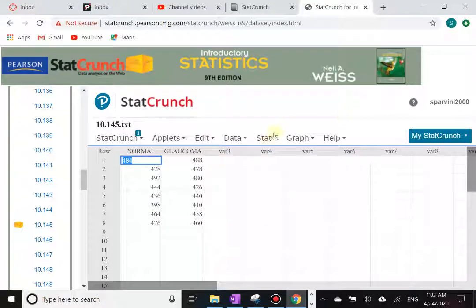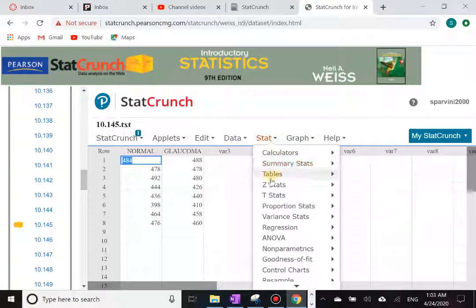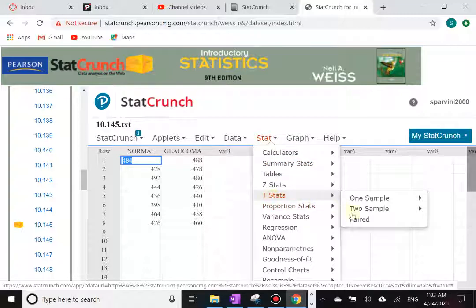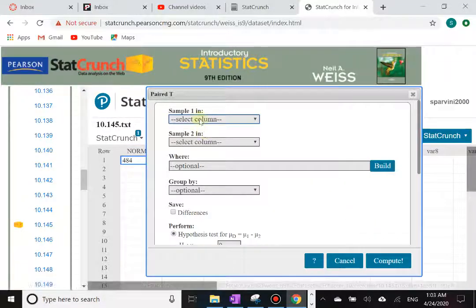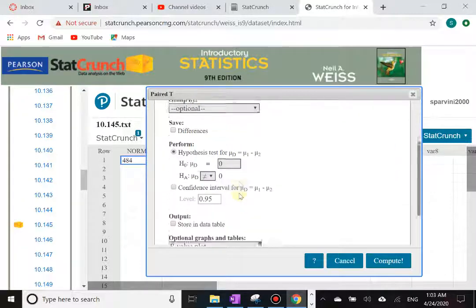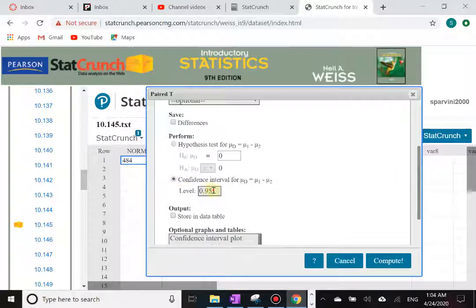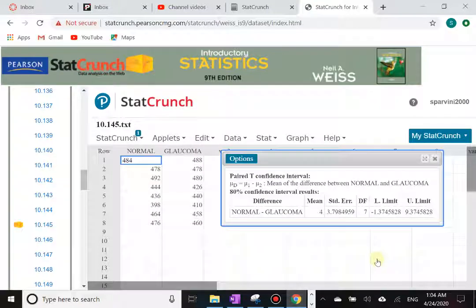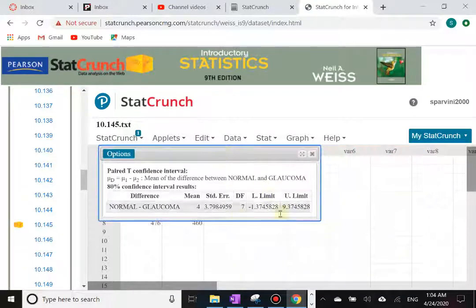Let's do one last thing, which would be the confidence interval. So again, I'll go to T Stats, Paired. Sample 1 was normal, sample 2 was glaucoma. And then this time we did an 80% confidence interval. So I'm just going to put 0.8 and compute. And there you go. These are the numbers I got.